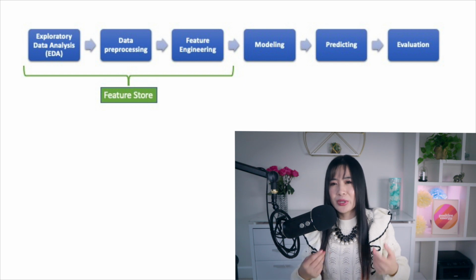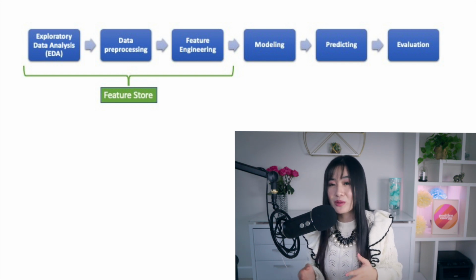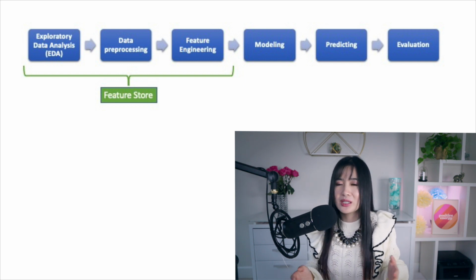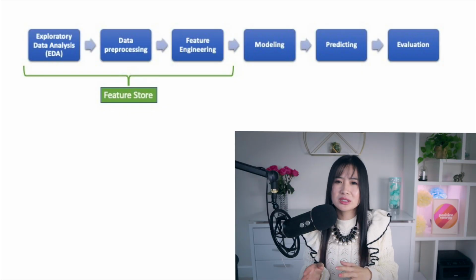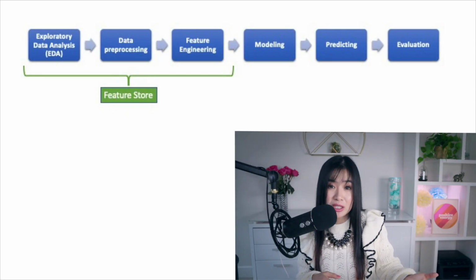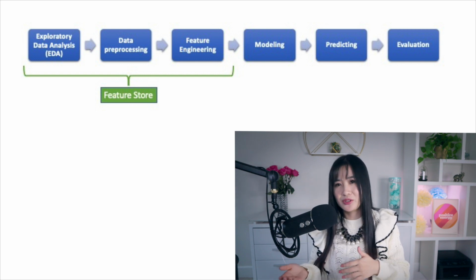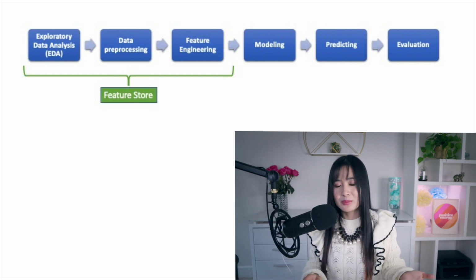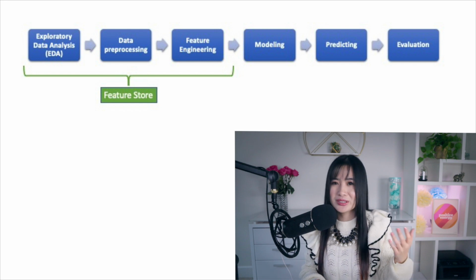So rather than reinventing the wheel every time, why not just build a feature store which is pre-processing the data? And why not also, while you're at it, complete the feature engineering part too? Especially if the feature tends to be shared between the different models. Regardless of whether you build the feature yourself or you find the feature from the feature store, after this step, we are finally getting to do some modeling.